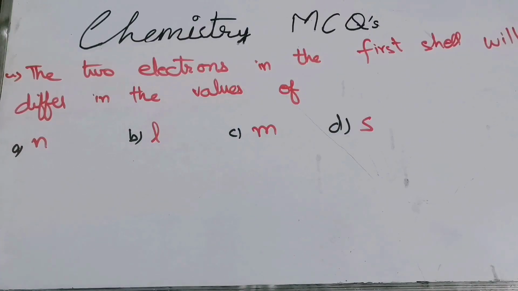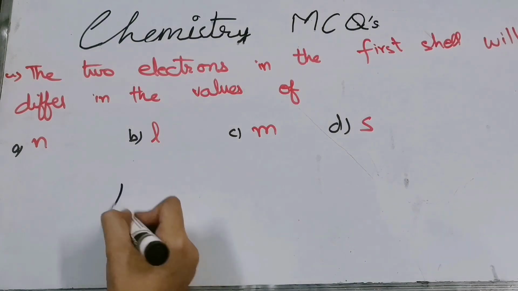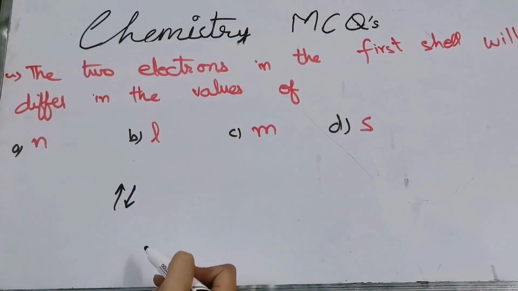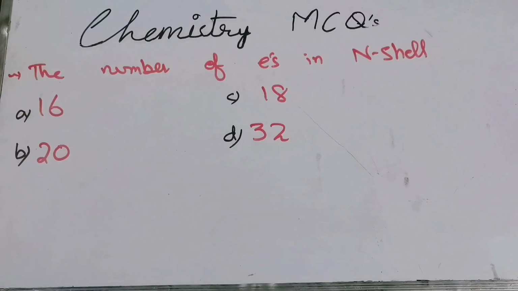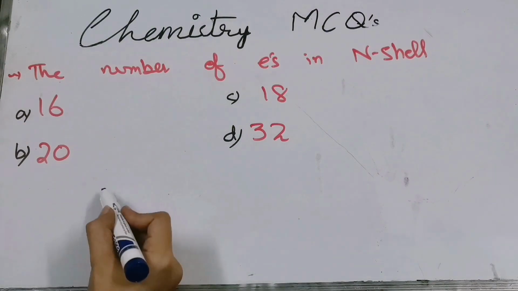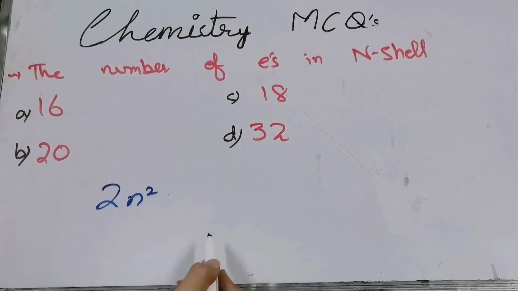The 2 electrons in the first shell will differ in the values of. We know that the 2 electrons should have the opposite spin. So they will differ in the value of spin quantum number. The number of electrons in n shell is. The formula for calculating the number of electrons in the shell is 2n square.